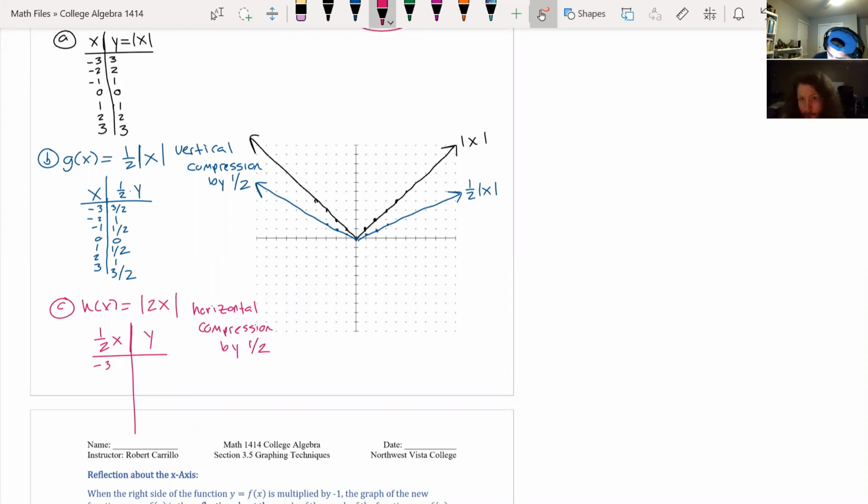So -3/2, -1, -1/2, 0, 1/2, 1, 3/2. There we go. And I'll shrink this in a second because your y values stay the same. So 3, 2, 1, 0, 1, 2, 3. There we go.